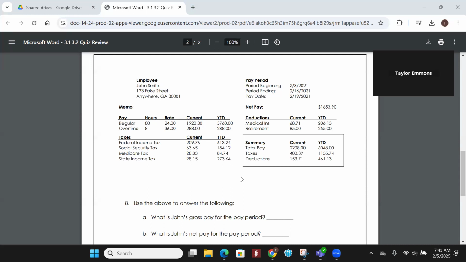Okay, so you're going to take these two and add them together, or you can look at this. Okay, 2208. All right, what is his net pay? 1,653. So right here, it has net pay.